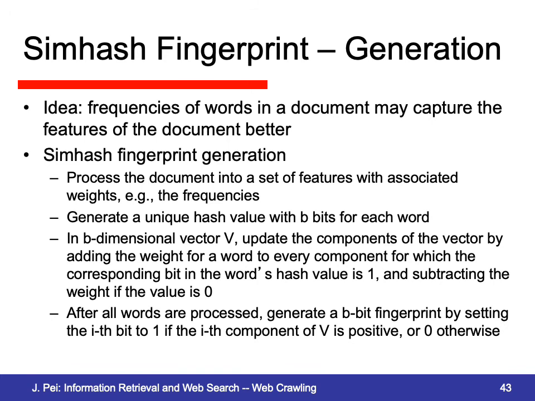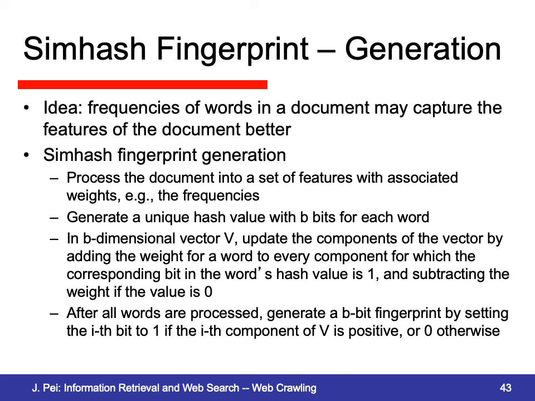The third method to do this near duplicate detection is to use the SimHash fingerprint. The idea here is that indeed the frequencies of words in a document may provide some useful features for the document comparison.